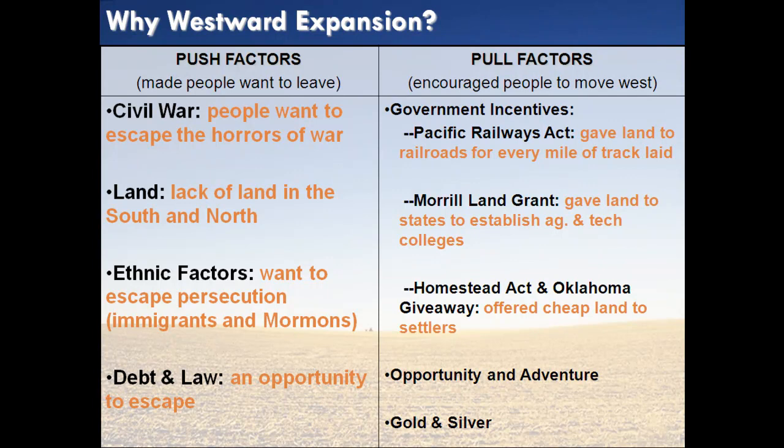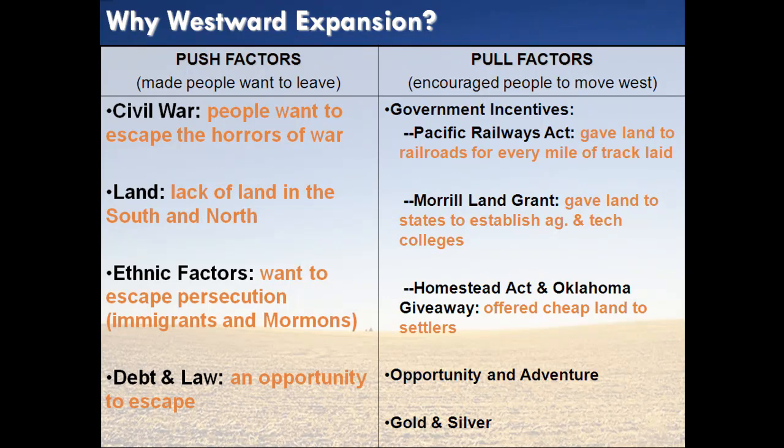In addition, some were working to escape persecution, such as the Mormons and many groups of immigrants. These are ethnic factors. Also, some people needed an opportunity to escape debt that they'd gotten into in the East, or possibly even the law.